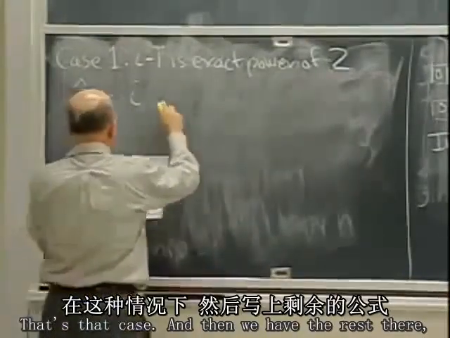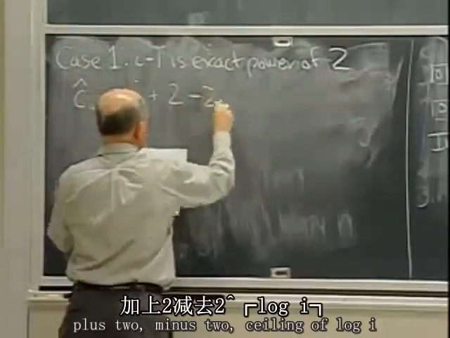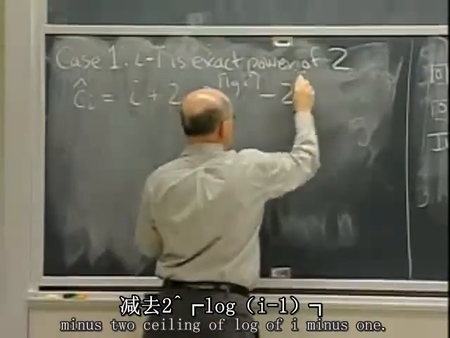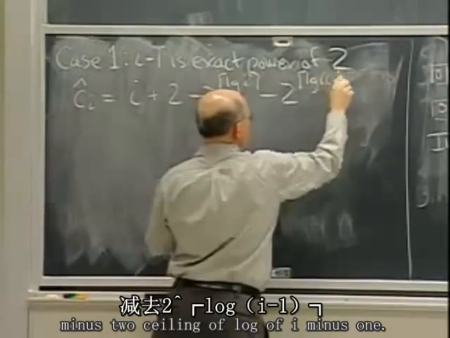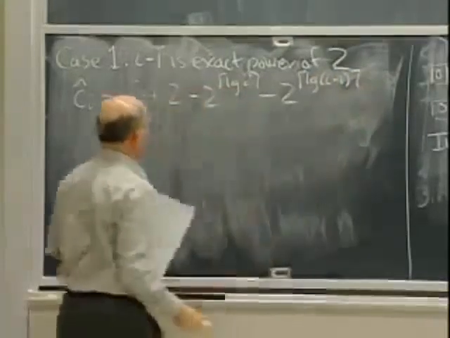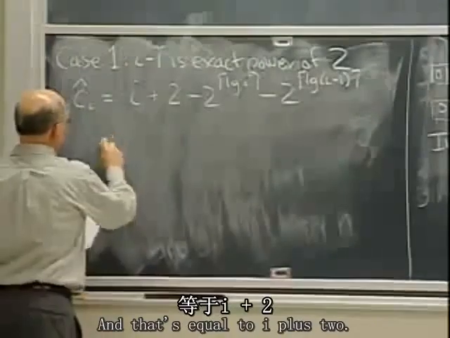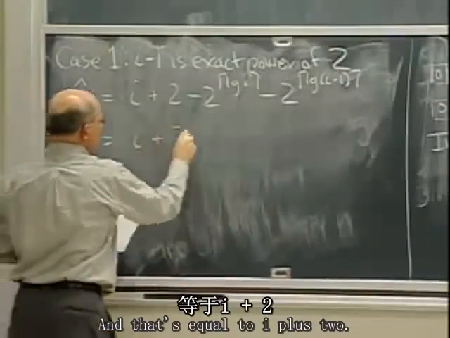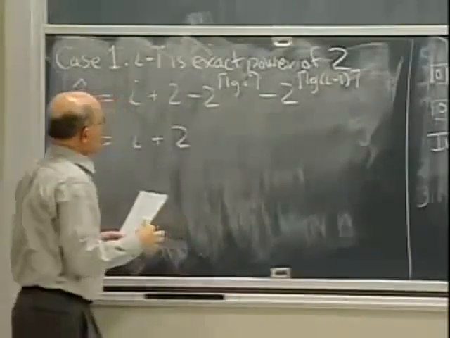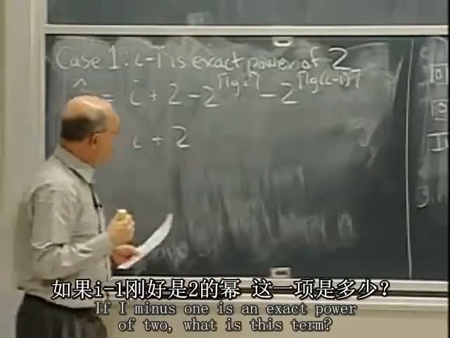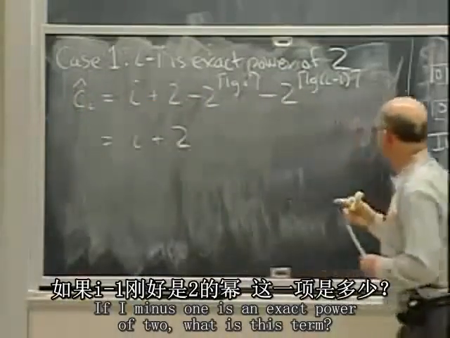And then we have the rest there, plus 2 minus 2 to the ceiling of log I minus 2 to the ceiling of log of I minus 1. And that's equal to I plus 2. Well, let's see. If I minus 1 is an exact power of 2, what is this term?